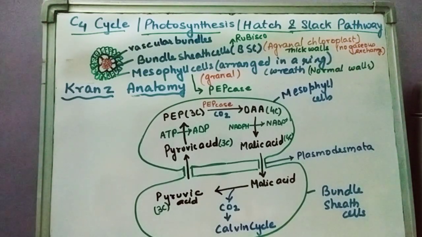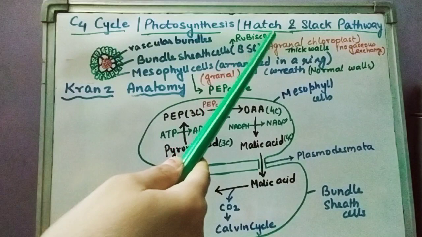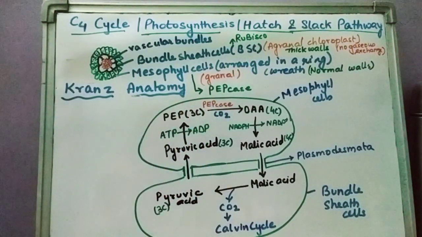Third and very important point, bundle sheath cells have the enzyme called Rubisco. Now Rubisco you have come across in the C3 cycle. Rubisco is the enzyme which helps in carbon dioxide fixation. That is, it binds with carbon dioxide to produce the compound in the C3 cycle, which you remember was phosphoglyceric acid.